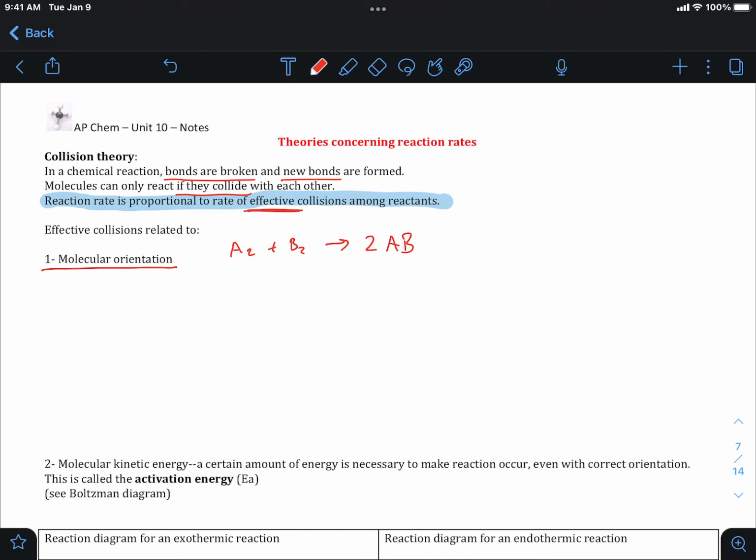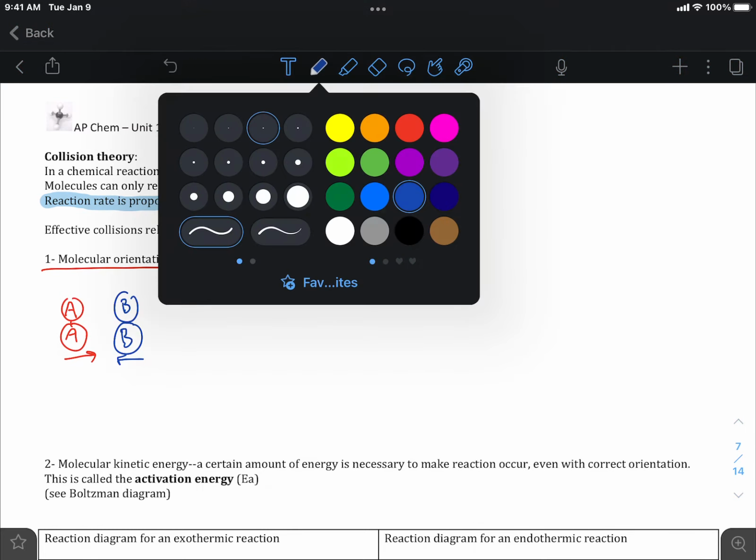So when this reaction happens, here's the molecule of A, it will have to collide with B in such a way where they actually make contact.